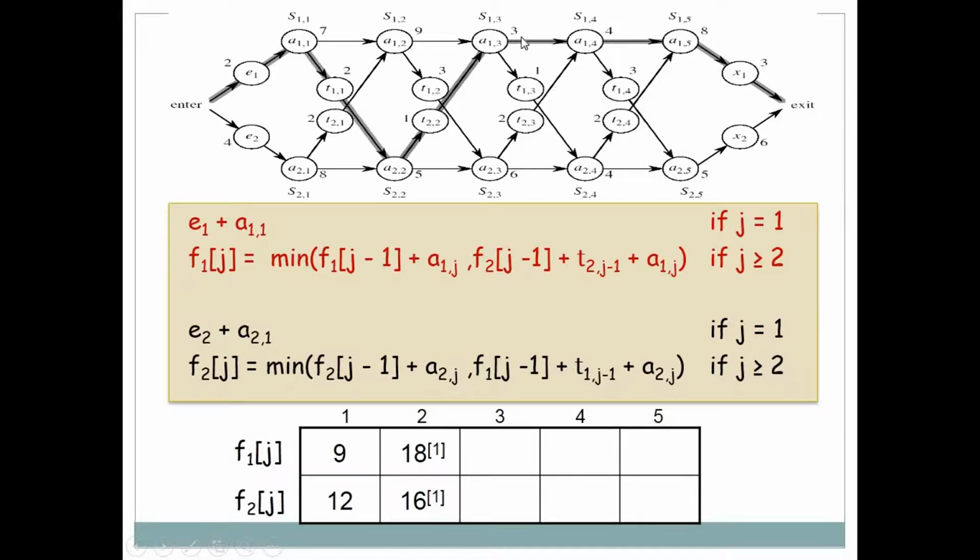So 16 plus 1 plus 3 is equal to 20. So the minimum cost for j is equal to 3 is 20, and it comes from our assembly line 2.